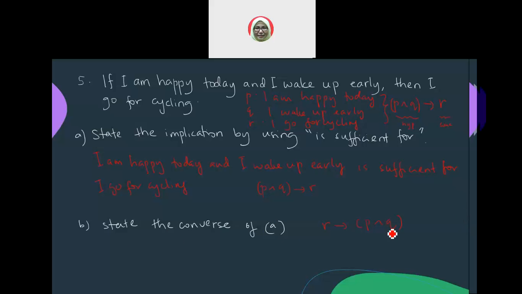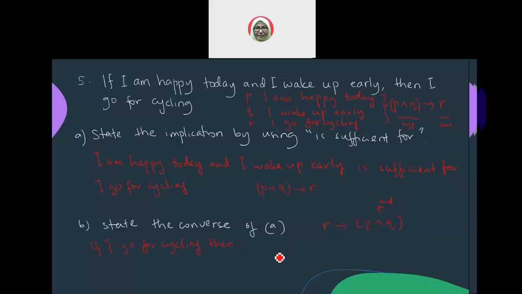Okay, so write in words. If I go for cycling, then, you see that this word is and, so you can use this symbol for and.